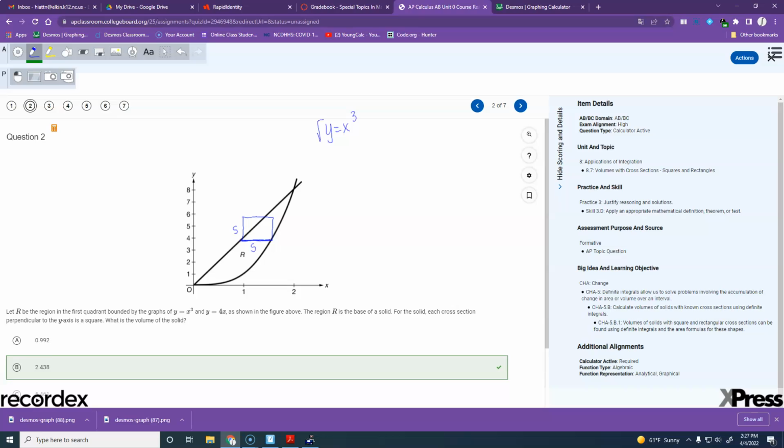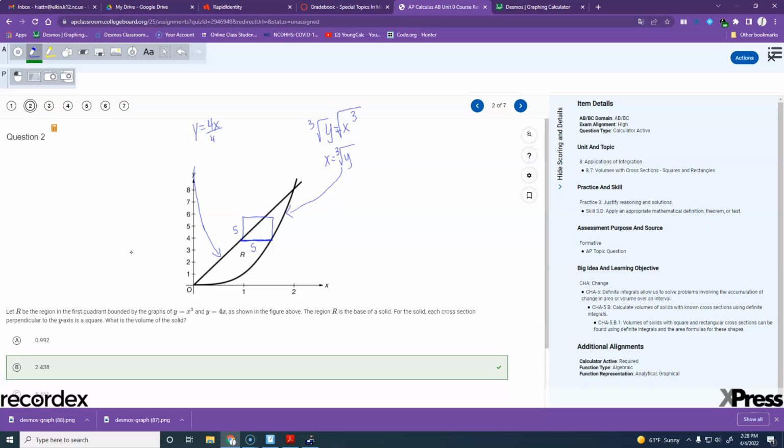So we would cube root both sides here, and so x would equal the cube root of y. That's this equation right here. And then our other equation, this line right here, we've got y equals 4x.